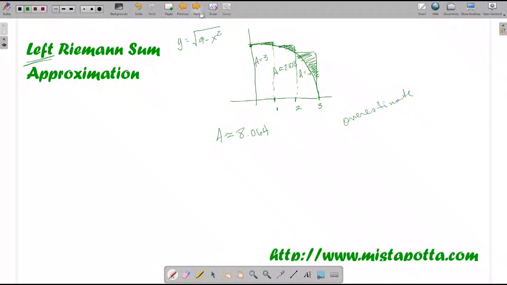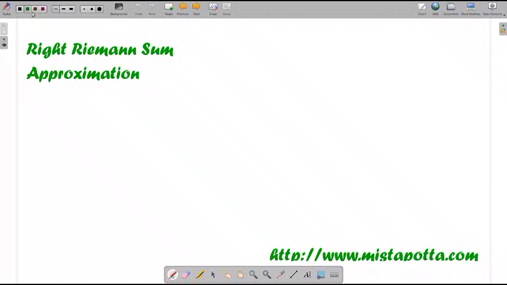I can also take a look at this exact same curve using a right Riemann sum. So if I look at y equals radical 9 minus x squared on my same domain from 0 to 3, this is the top quadrant of a circle.